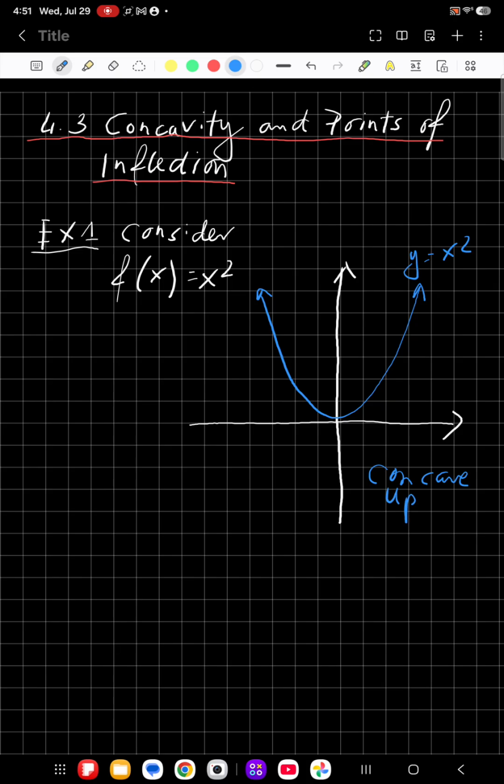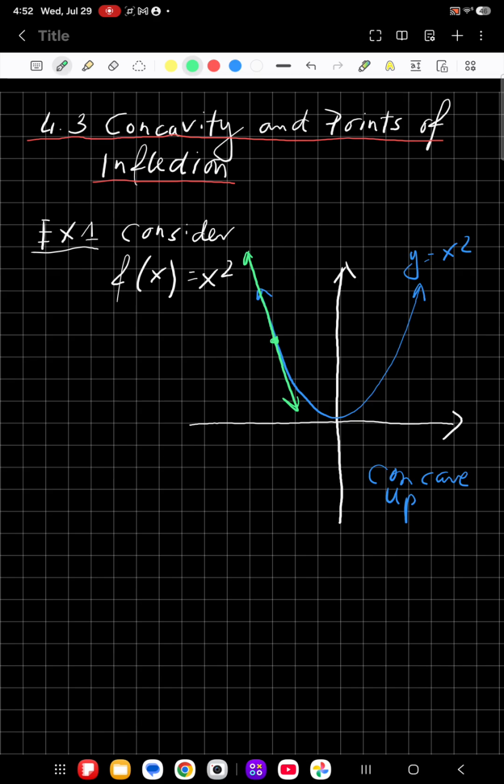Let's look at a couple things. First, we'll look at the graph from left to right. If I start graphing those tangent lines, let's make one here, a line tangent to the graph at that point.